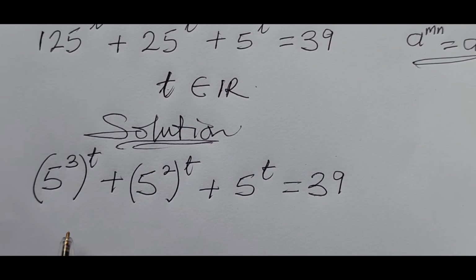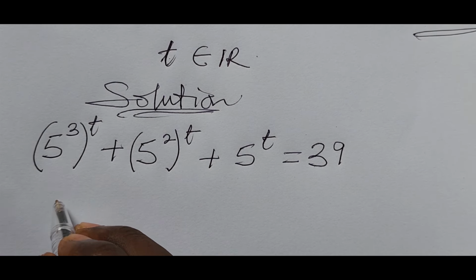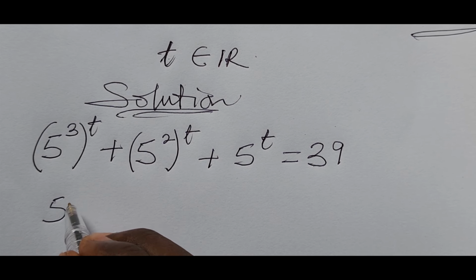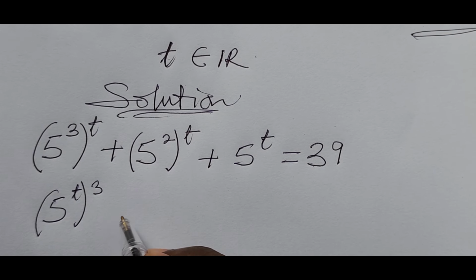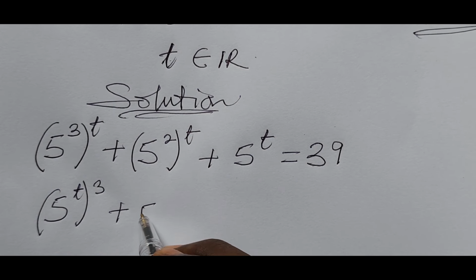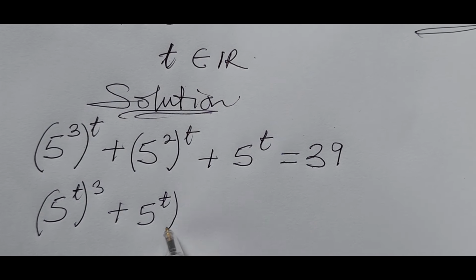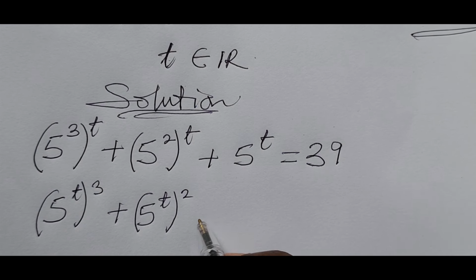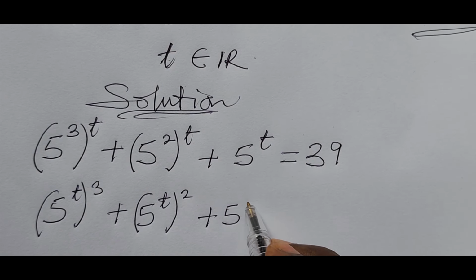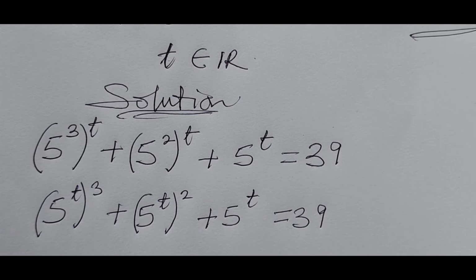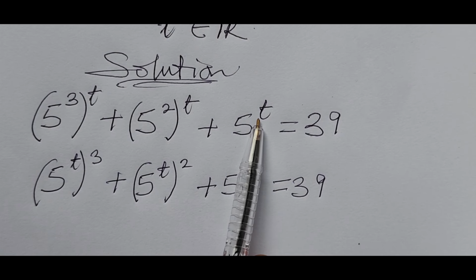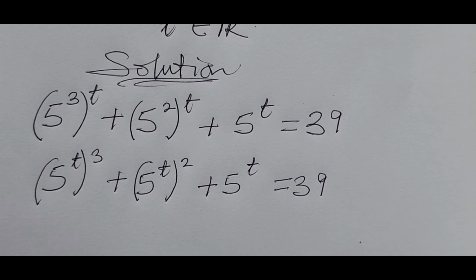So this gives us 5 to the power of t, raised to the power of 3, plus 5 to the power of t, raised to the power of 2, plus 5 to the power of t, is equal to 39. Why are we doing this? It is because we have 5 to the power of t here. Good. At this point, we're going to do a simple substitution.